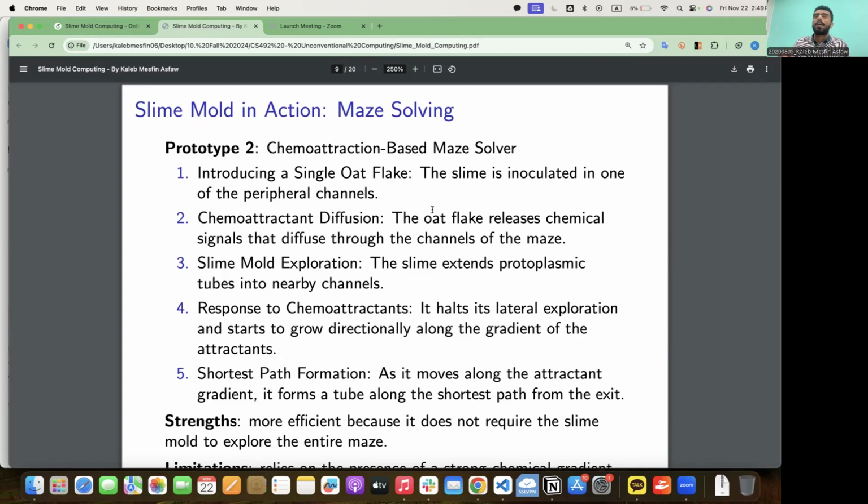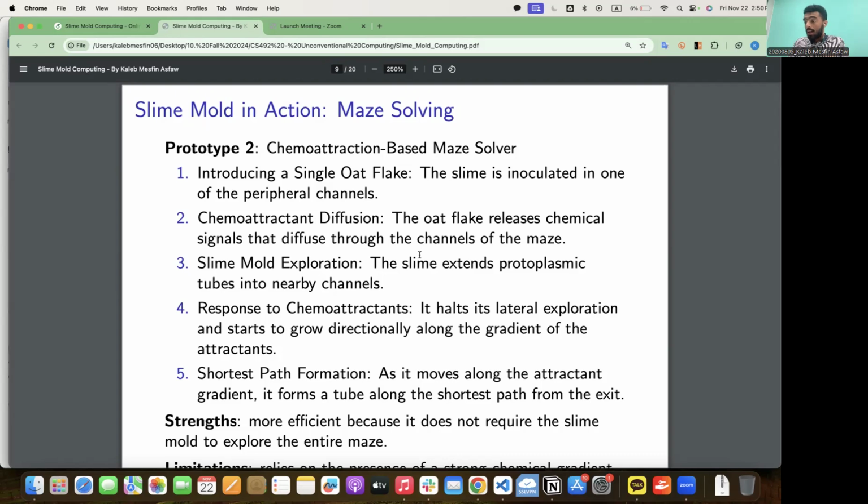So the oat flake is the stimulus, which is very irresistible and positive for the slime mold. These chemical signals diffuse through the channels of the maze and spread around, creating the favorable change which was required by the slime. Then it extends its protoplasmic tubes to the nearby channels.